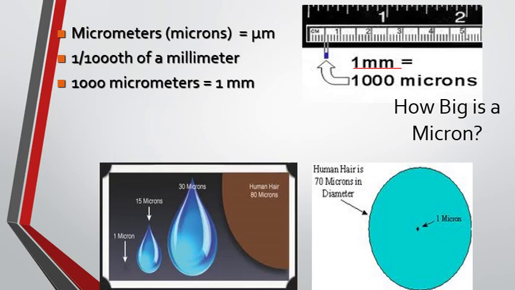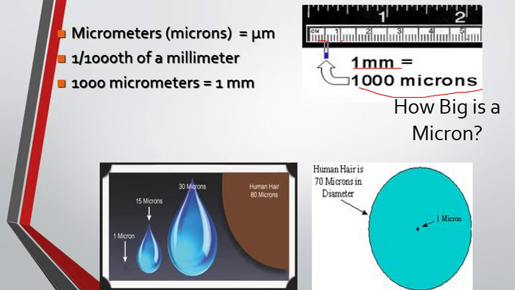This is a 1 millimeter part. 1 millimeter is equal to 1000 microns, so from this to this we have 1000 microns.